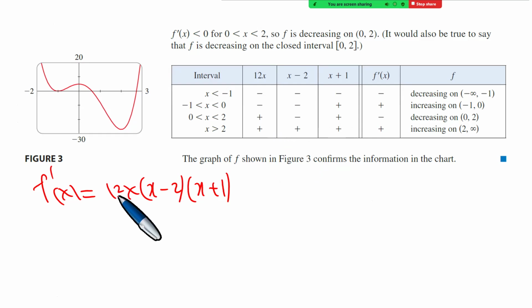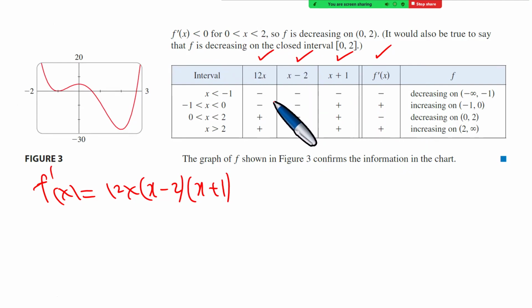In this chart, we put the factors here: 12x, x minus 2, and x plus 1. Here we put the whole f prime of x, and we're going to put the signs there. We take note of the fact that f prime of x is negative for x between 0 and 2, exclusive.